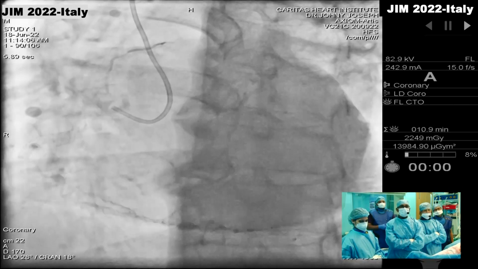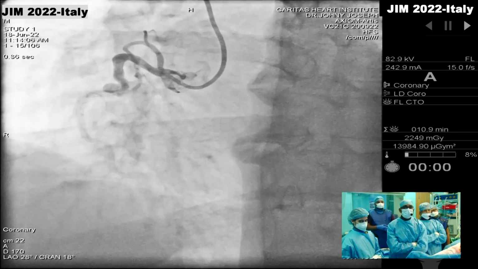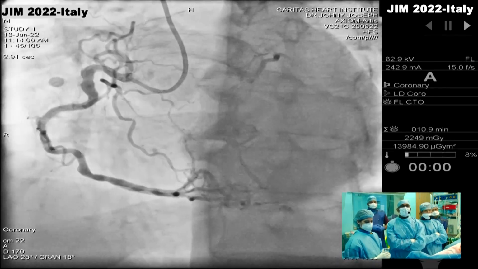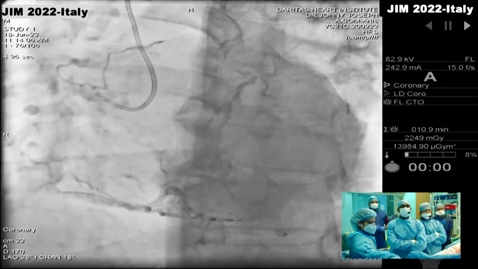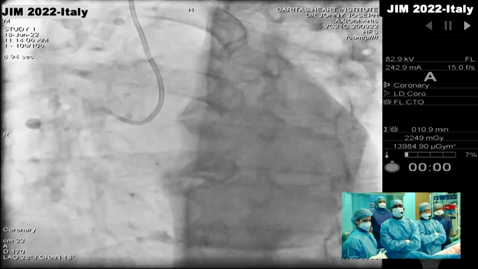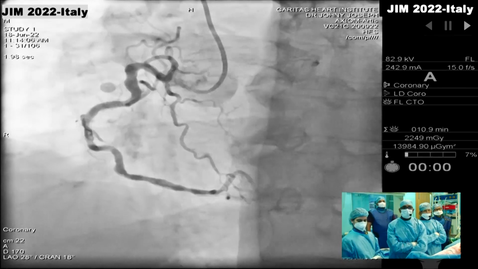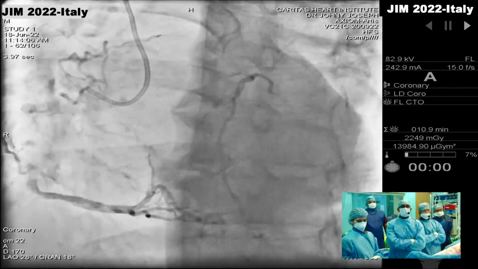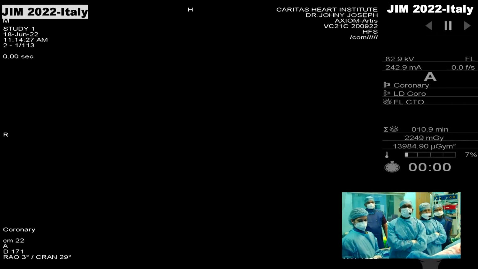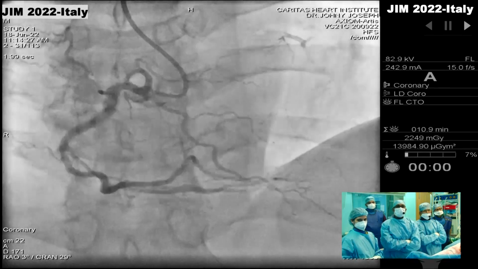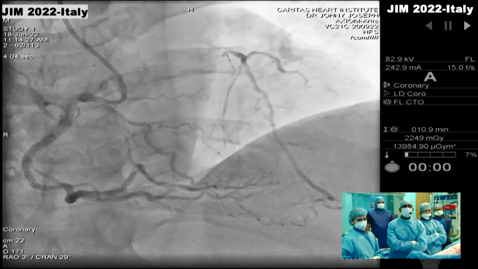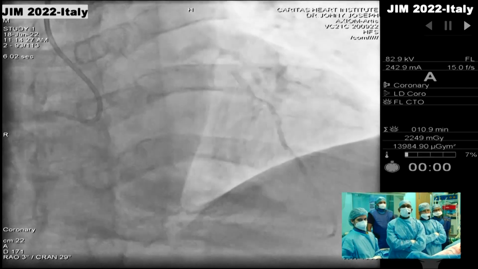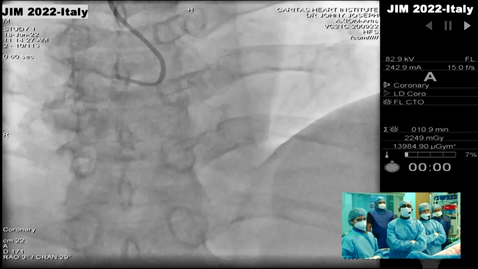You could see here that the right coronary artery is flowing well. It has got mild disease. The stented segment looks good. The flow is good. You could also see in this view that the LAD is seen retrogradely filling from the right coronary artery. The next image. That's the cranial image. Again, you could see that the right coronary is reasonably good, and the left anterior descending artery is a type 3 vessel.